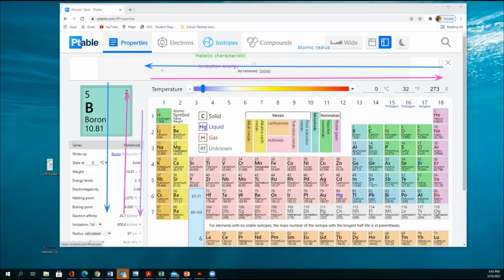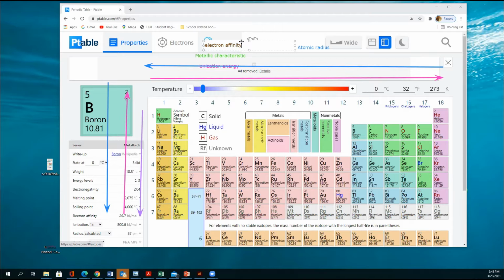Okay, so there's one other thing I think we talked about: electron affinity. Let's use brown for the color. So does the electron affinity increase? Electron affinity is the desire to get an electron, and the more desire you have to get an electron, the stronger your electron affinity.